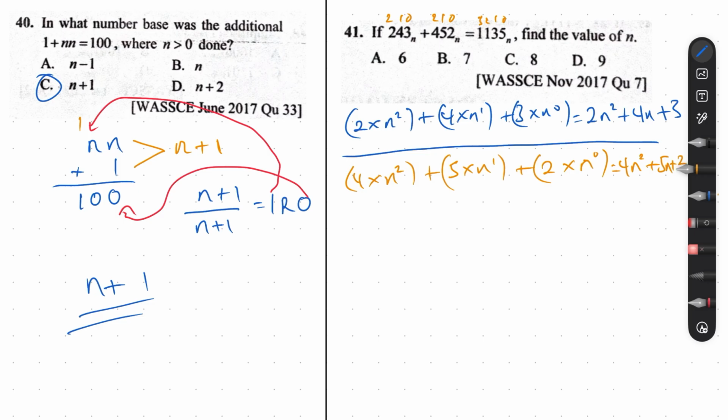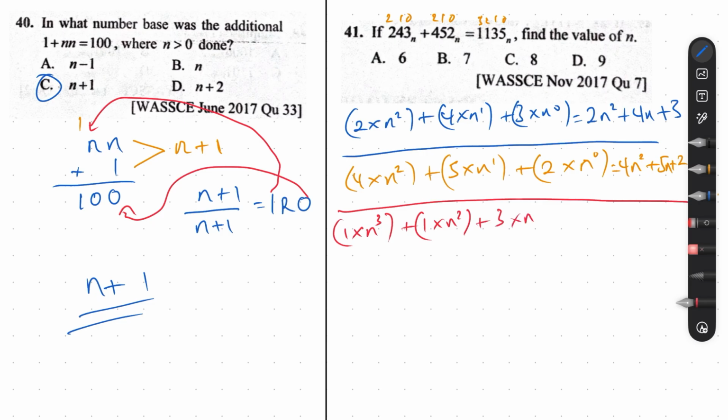Now let's do the last one, which is the one at the other side of the equation. We have 1 times n power 3 plus 1 times n squared plus 3 times n power 1 plus 5 times n power 0. What do we get? N cubed plus n squared plus 3n plus 5.